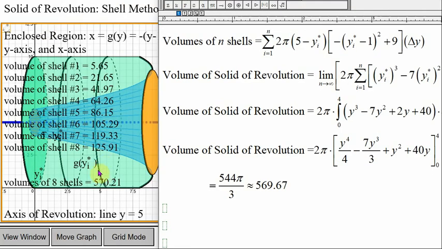If we compare it to the 8 shells that I calculated earlier, when I filled this solid of revolution with 8 shells, the volume of the 8 shells was 570.21. And here's the volume of an infinite number of shells, 569.67. We can see that they're very close. And that's the end of the video.